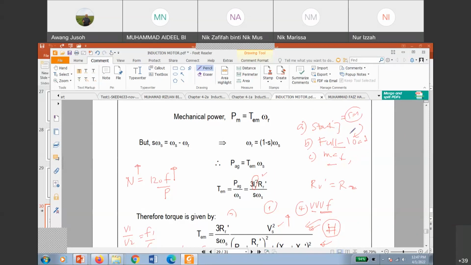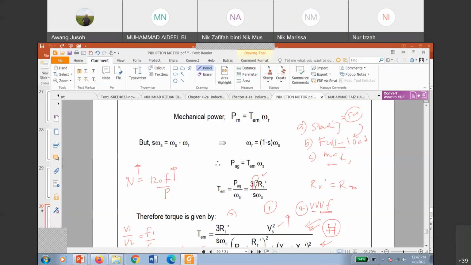You must check the question carefully. You cannot apply one slip for the whole question. You need to check whether they ask you to find starting, full load, or maxima. Then you must use a different slip. I told this so many times, but it still happens.